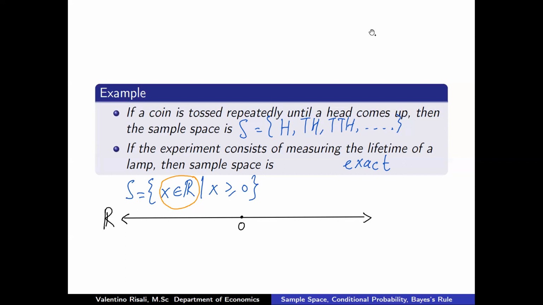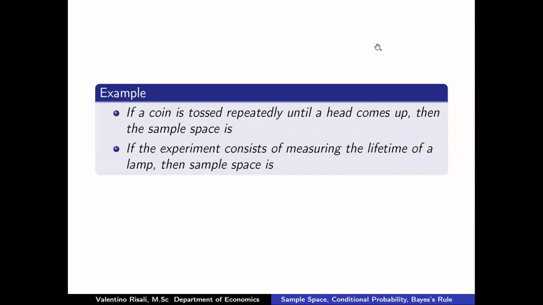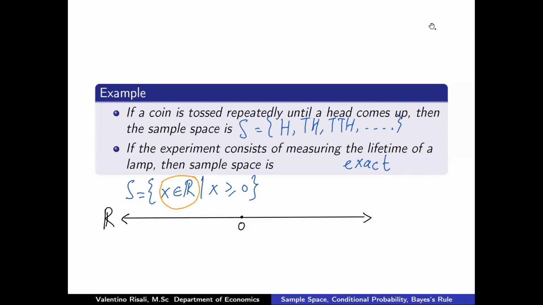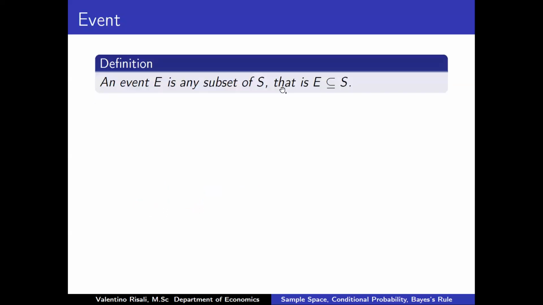Okay, good. Let's move to the next concept, which is about the event. By set theory, an event E is any subset of the sample space S. That is, E must fulfill this condition: E is a subset of S. It is similar to our previous example about population and sample.